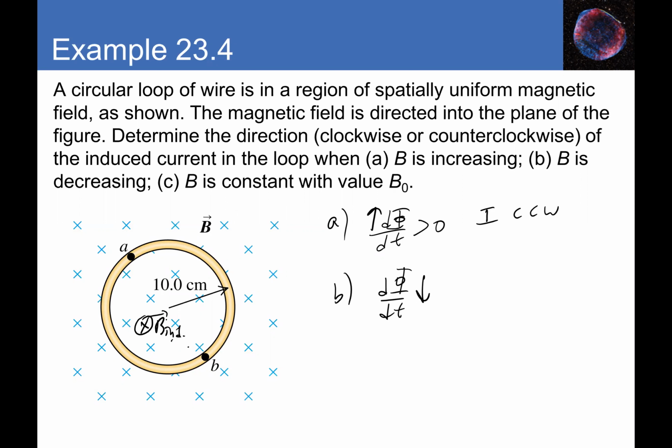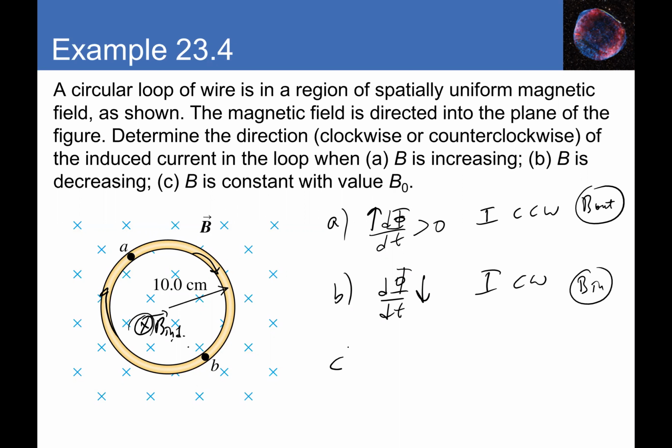Here the B was into the page, so the B induced should be into the page. And if that's the case, the current has to be clockwise. There has to be a clockwise current for us to get an into-the-page magnetic field.